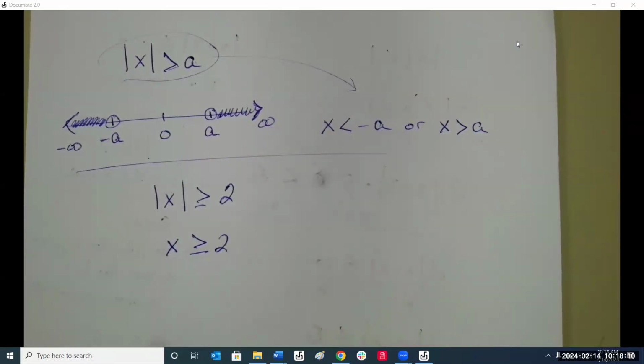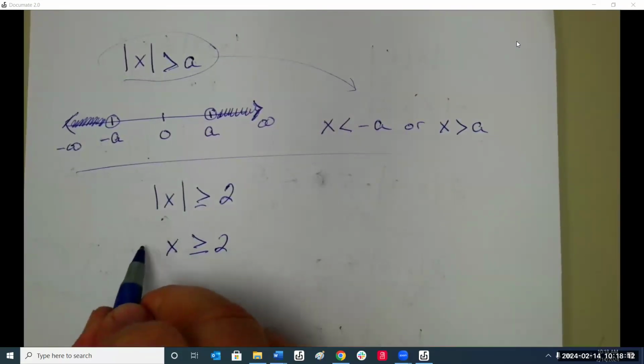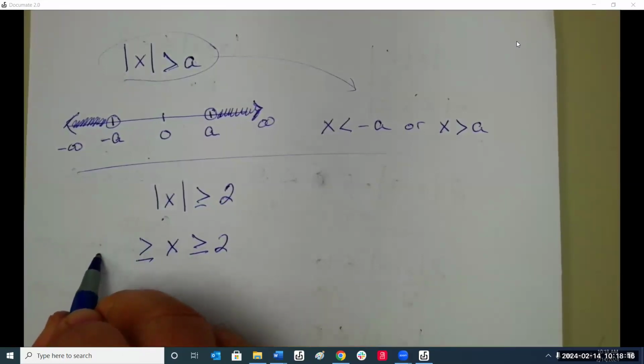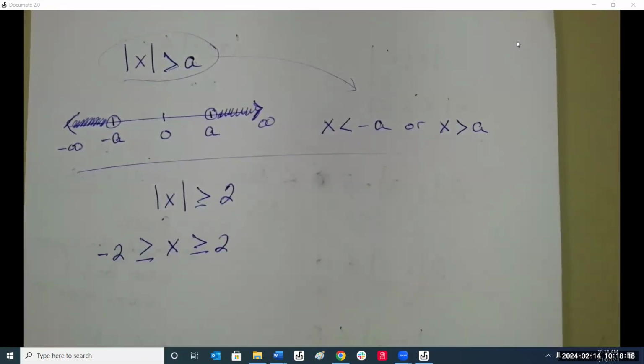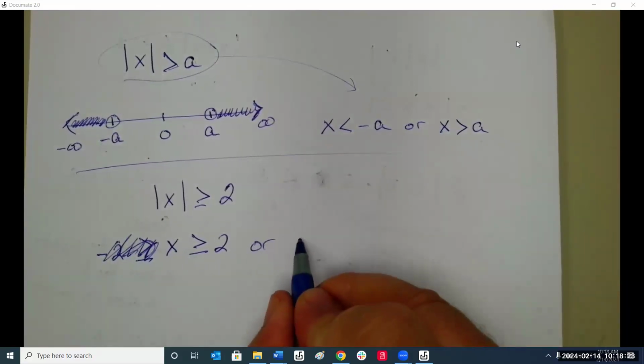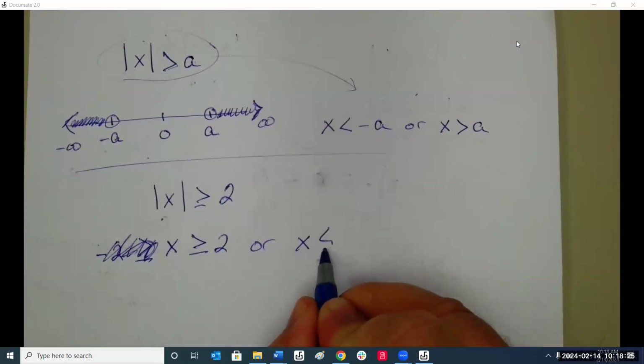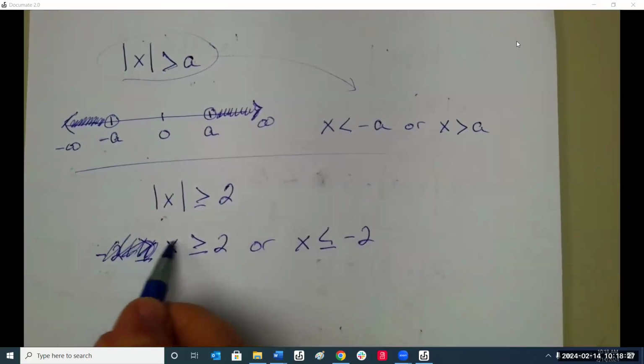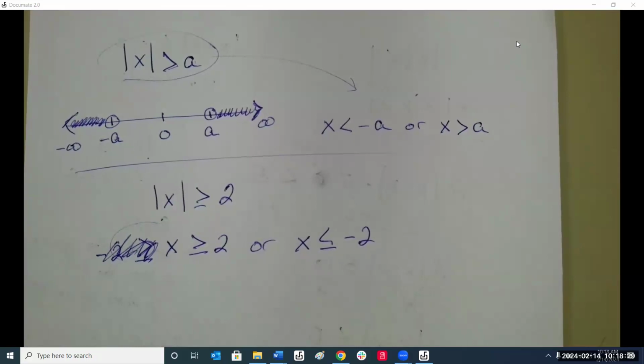X is greater than 2. I'm sorry, or x is less than or equal to negative, which is what this meant, but I don't want to get y'all confused.